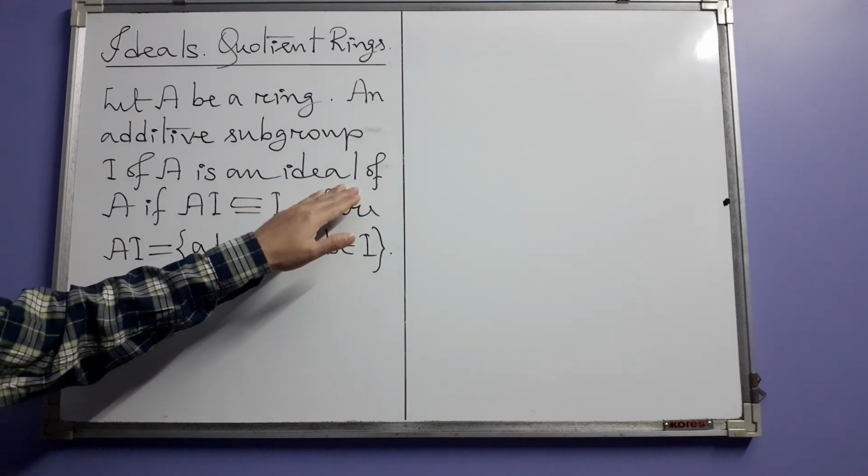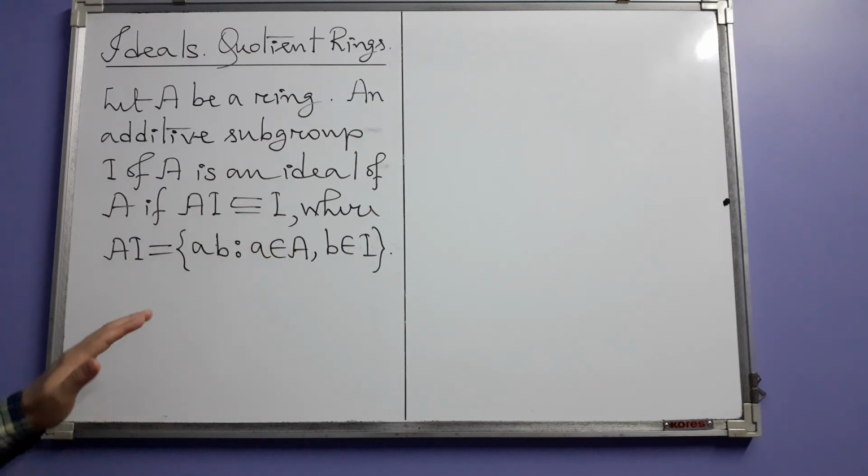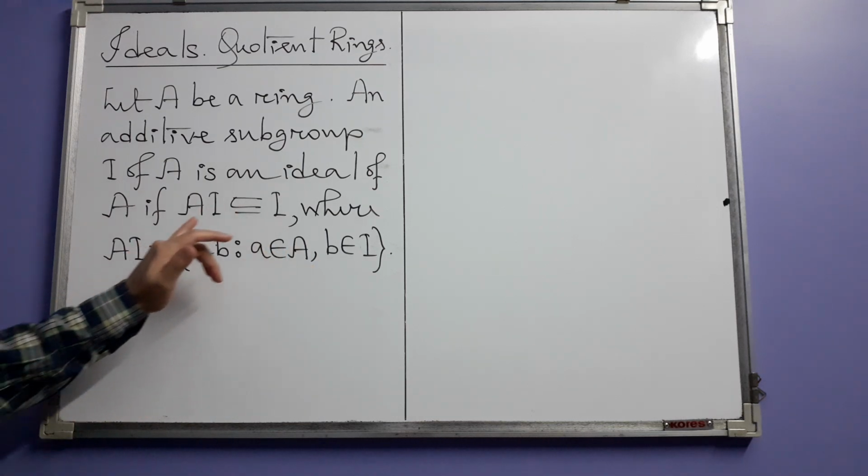An ideal, of course, is an additive subgroup, first of all. And then this should be true.